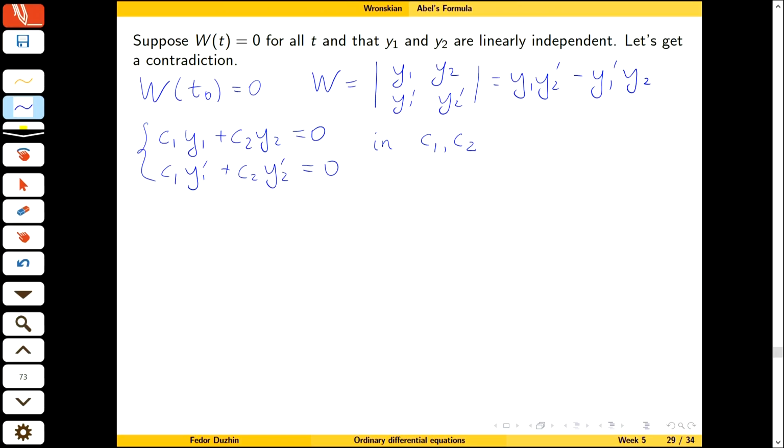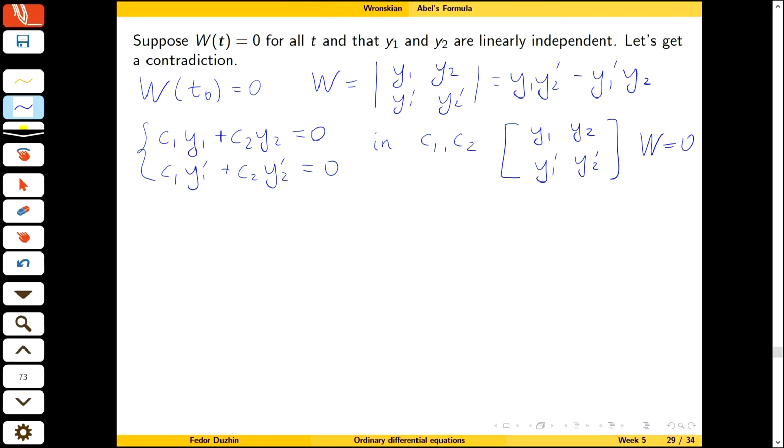So if you think of this as a system of equations in C1 and C2, then it is a linear system of equations, and its matrix is y1, y2, y1 prime, y2 prime, which is exactly the Wronskian matrix. And we are given that the Wronskian is 0, right? So the Wronskian is the determinant of this system of linear equations, and it is 0.